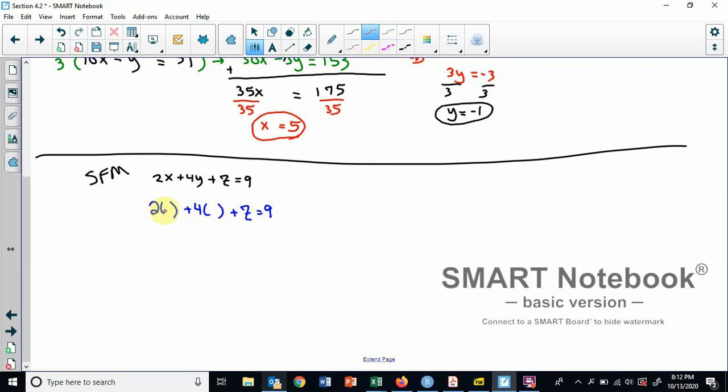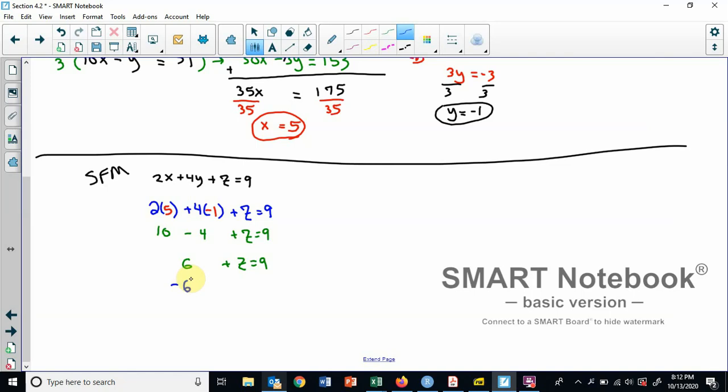So let's see, what is x? 5. I didn't leave myself much space, did I? And y is negative 1. So now let's do just the arithmetic here. 2 times 5 is 10. 4 times negative 1 is going to be negative 4. 10 minus 4 is 6. And then I can finally solve for z.